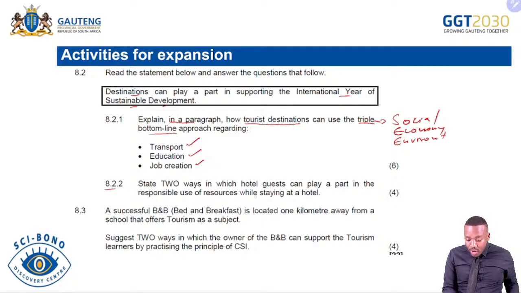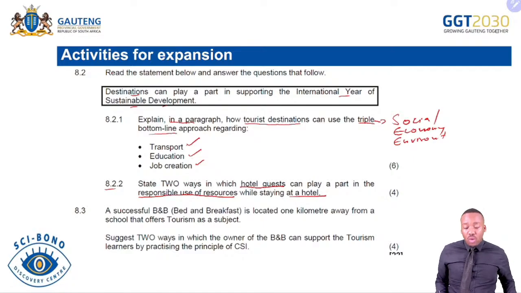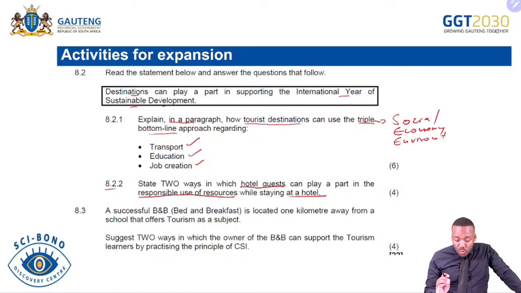8.2. State 2 ways in which hotel guests, now this is about what people can do to play a part in responsible use of resources while they are staying at the hotel. Meaning, what can we do in order to preserve the resources? When you are visiting, they want 2 ways.